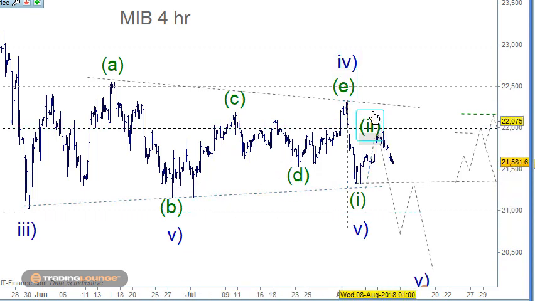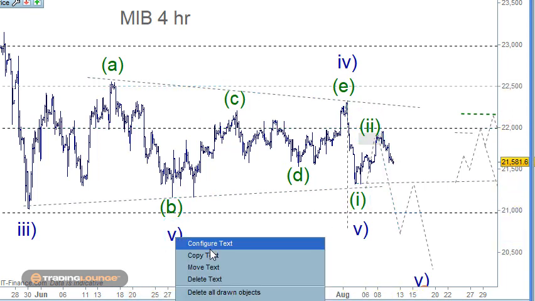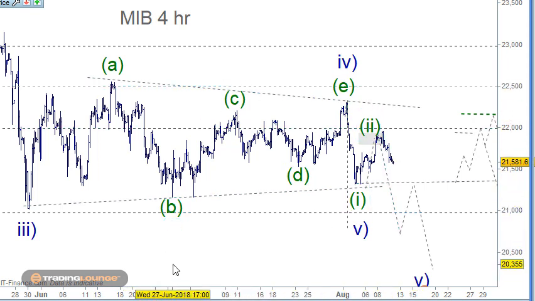But once again, it's not displaying very nice wave structure here, so we haven't chosen to do that. And our main point here, if we were going to go long, we would need the 22,000 here as support.